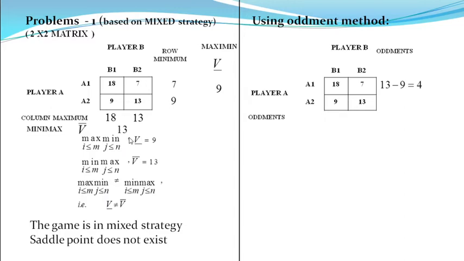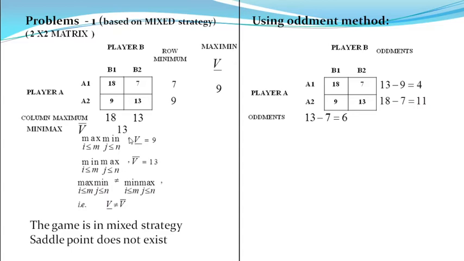Like that, for finding the oddment of strategy A2, you have to find the absolute difference of the first strategy entries, so 18 minus 7 gives 11. Similarly, to find the oddment of B1 strategy, we need to find the absolute value of the pair of entries of strategy B2.